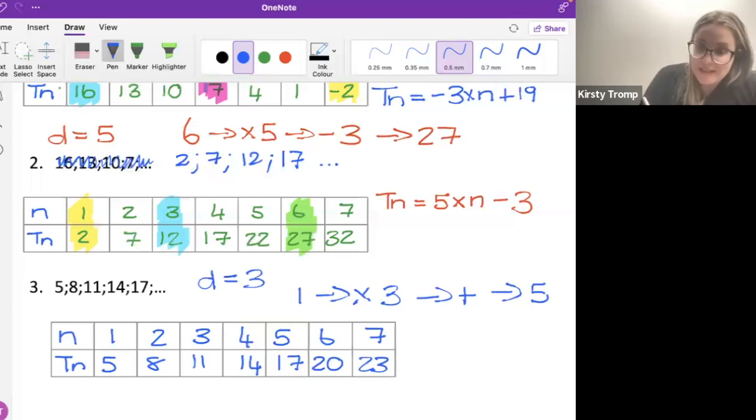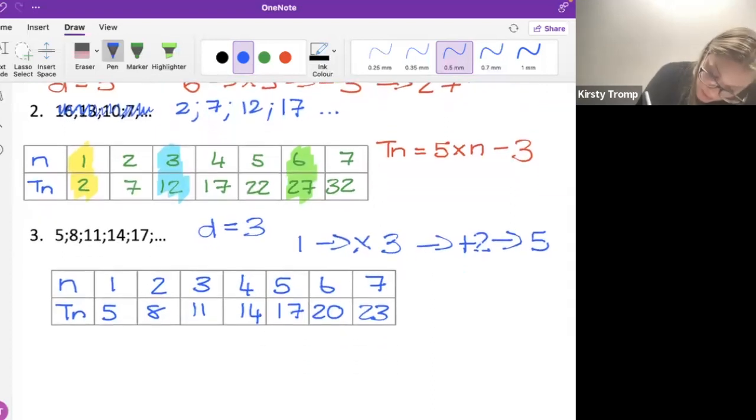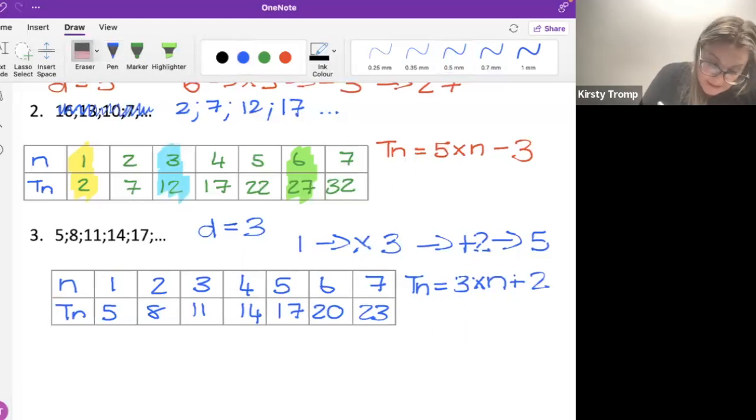So 1 times 3 is 3, and 3 plus what gives me 5? 3 plus 2. So my rule is going to be Tn equals 3 times n plus 2. Let's go see if that works for other numbers quickly. Let's make sure that works. So I'm going to take out that one, and I'm going to take out that one.